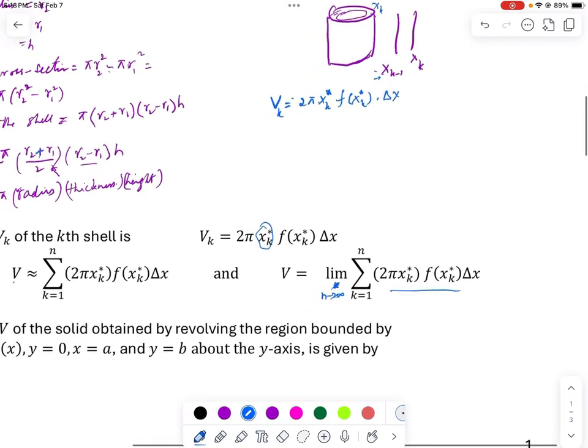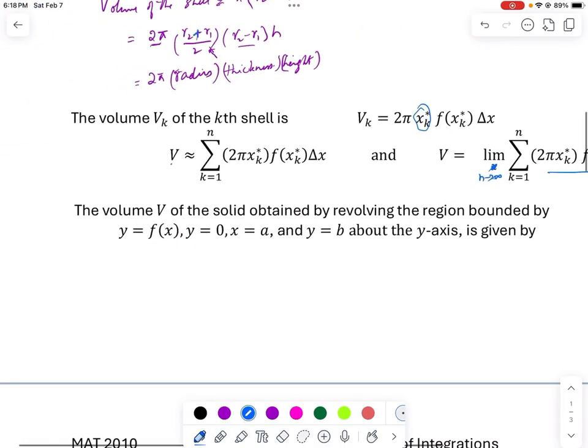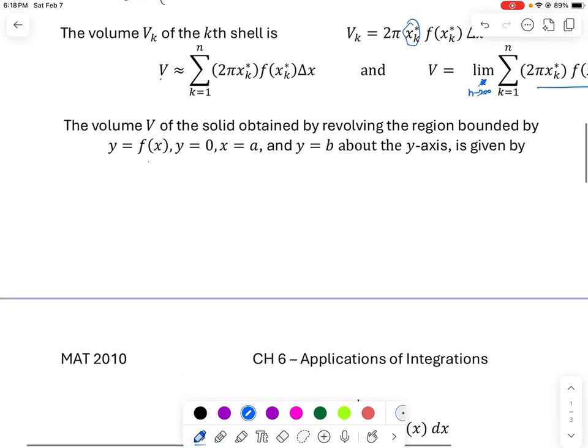Notice here the volume V of the solid obtained by revolving the region bounded by y equal to f of x, y equal to 0, the x-axis, x equal to a and x equal to b about the y-axis. So we are rotating the region about the y-axis. Then the volume is given by this formula.